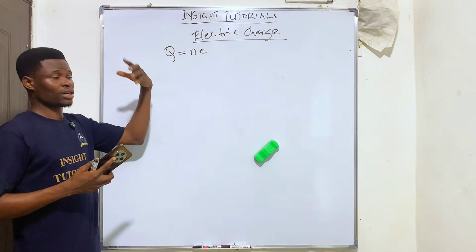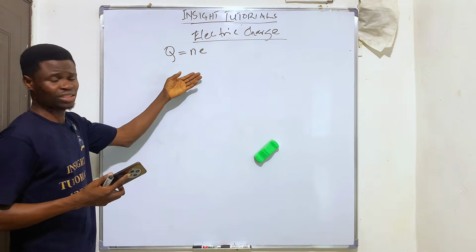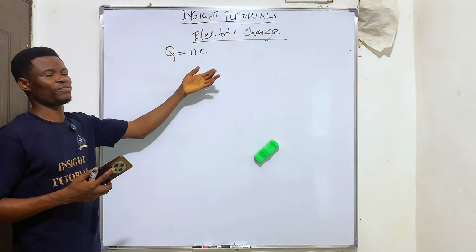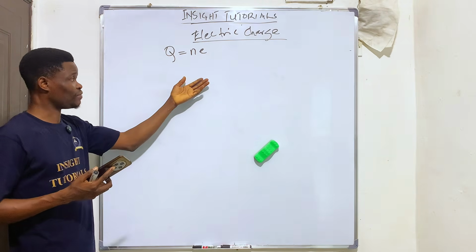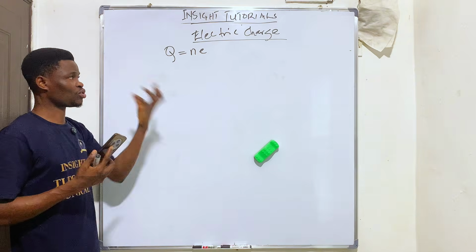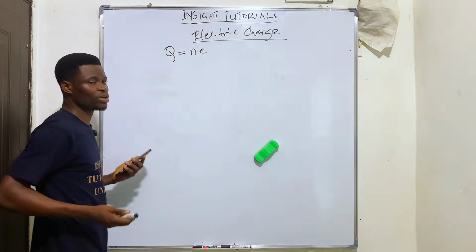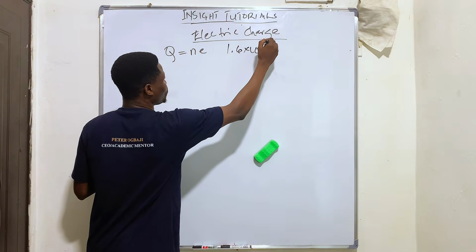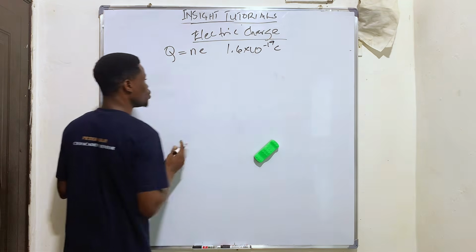Like I said, electric charges cannot be in fractional form. You can't have 1.5 electric charge. You have to have it in a quantized form. That means it has to be a whole number, and E is elementary charge, which is a constant of 1.6 times 10 to the power of minus 19 coulomb.